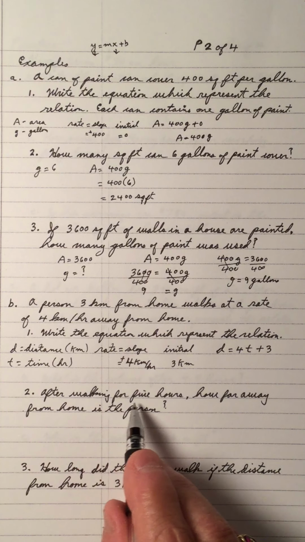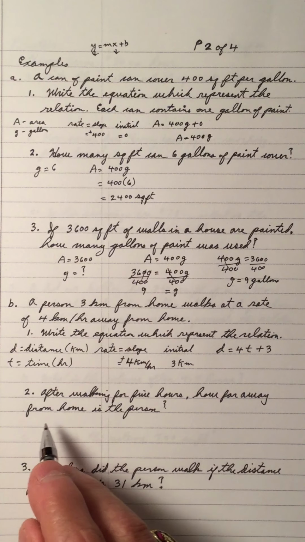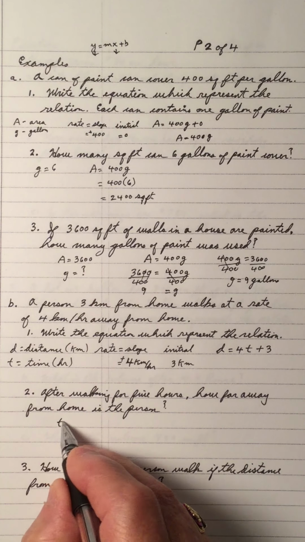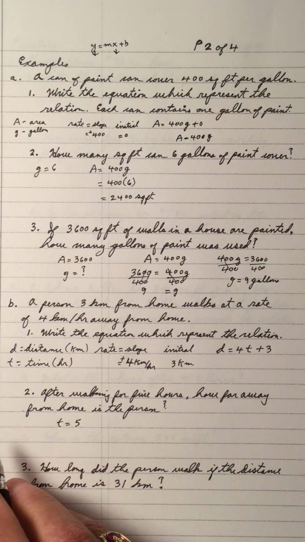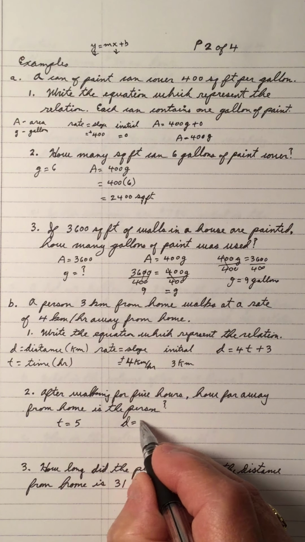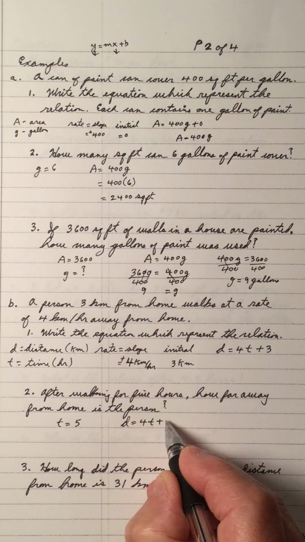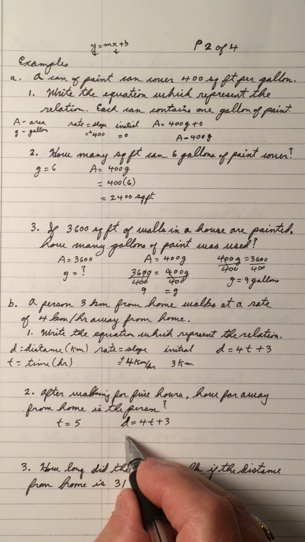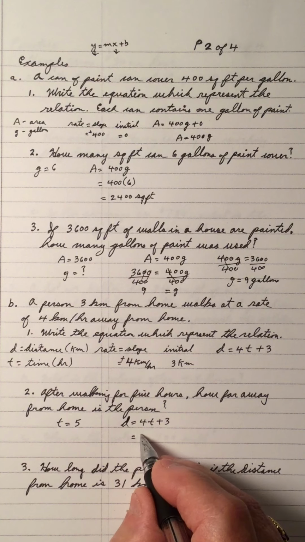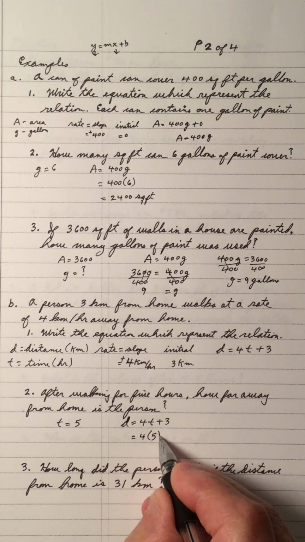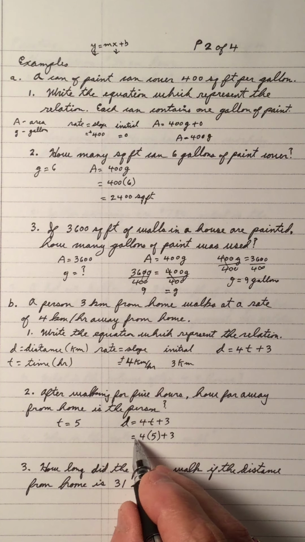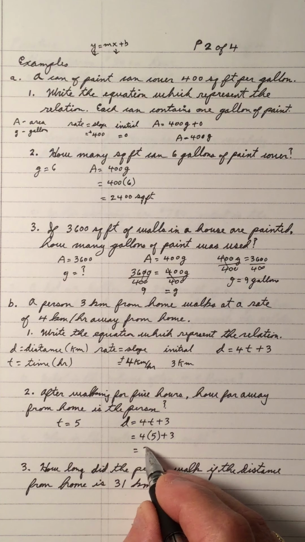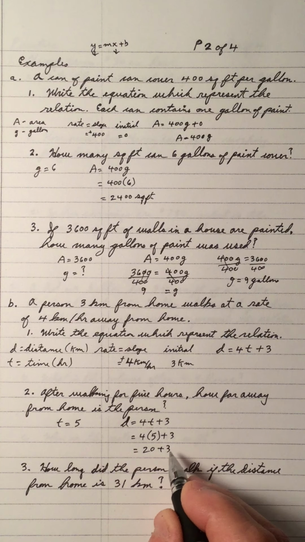Number 2, after walking for 5 hours, how far away from the home is the person? So we're walking for 5 hours, so that means t is 5. So you write down the equation, d equals 4t plus 3. So we sub in 5 for t, 4 times 5 plus 3, and we multiply before we add, so that's 20 plus 3.